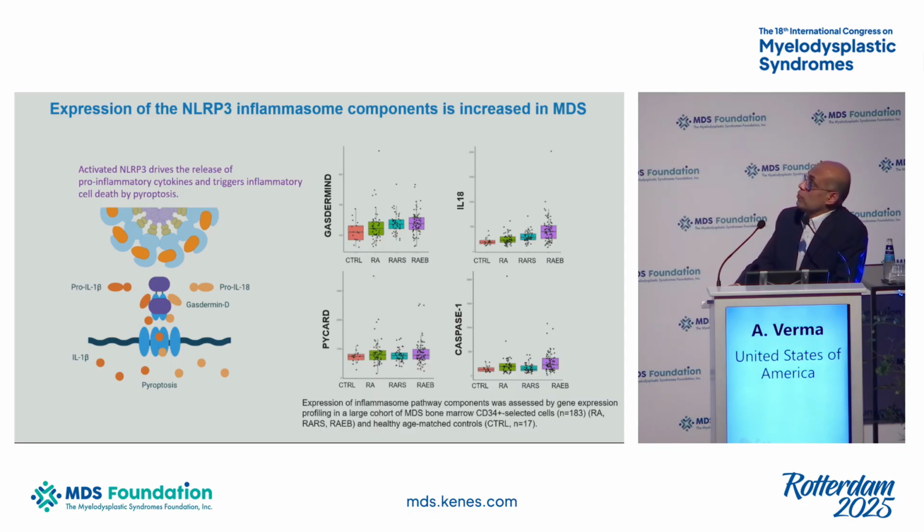inflammasome. Now, inflammasome, again, is a very important mediator of disease in MDS, and the NLRP3 inflammasome, in particular, has been shown to lead to conversion of pro-IL-18 and pro-IL-1 beta to their active isoforms, and also result in gasdermin D cleavage, caspase activation, in the end causing MDS-like phenotypes.